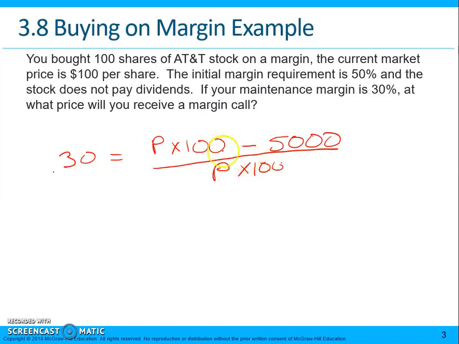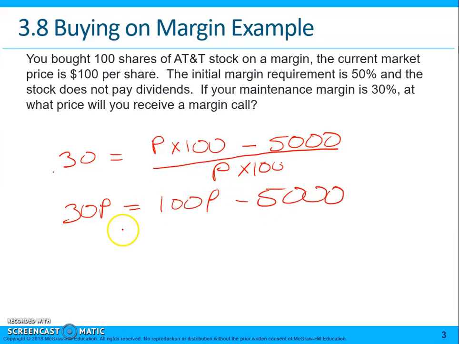All right, so we do a little algebra, and we're basically going to multiply both sides of the equation by p times 100, and that's going to cancel this out, and we'll have 0.3 times p times 100, which gives us 30p is equal to 100p minus 5,000.